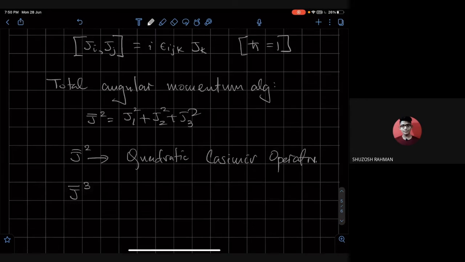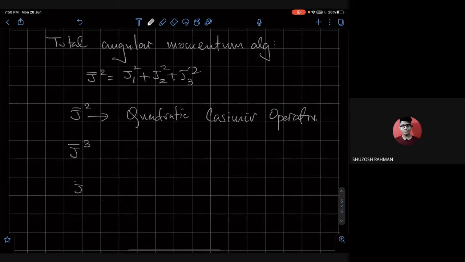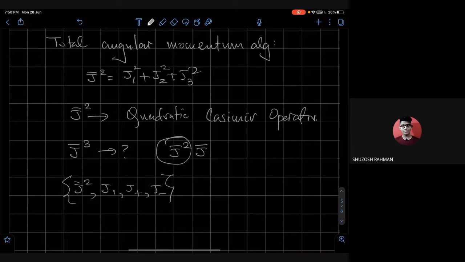Why are we only saying the set that is relevant consists of J squared, J plus, J minus, right? Or J1, J2, J3. Can someone tell me why this is not the case? What if I take J squared times the scalar, J, right?